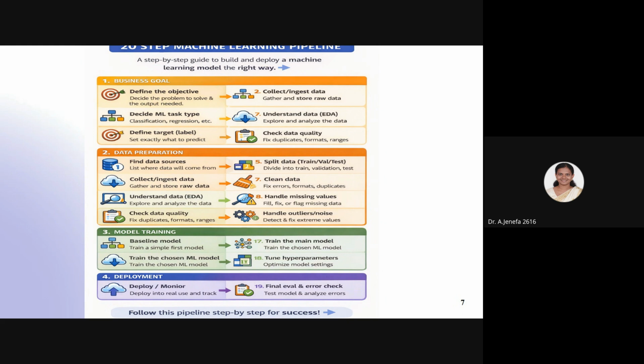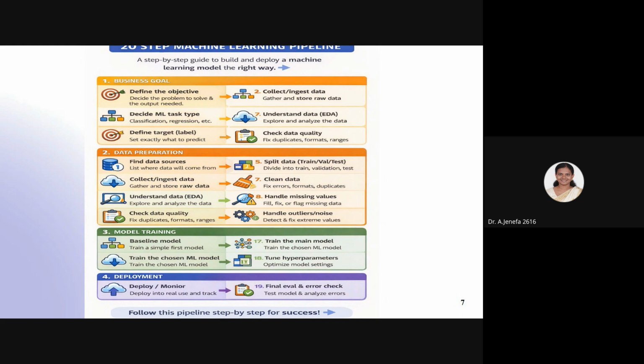The third stage is model training, and the fourth one is the deployment stage. So the four main stages of the machine learning pipeline are analyzing the business goal, then moving on to data preparation, then model training, and deployment.